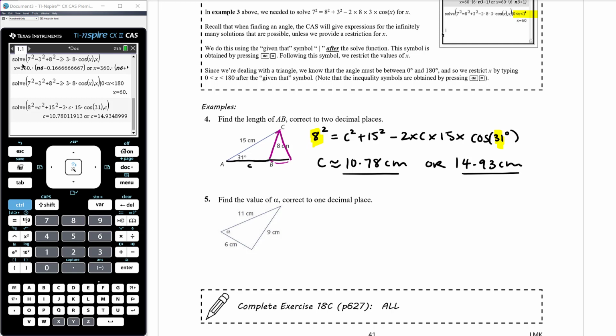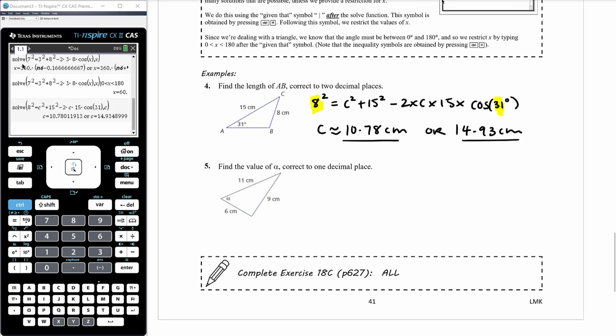Okay, so there could be the larger purple triangle, which has got an acute angle here and the longer length. So that would be where it's 14.93, or we could have this smaller triangle here where we have an obtuse angle and that's a shorter length, and so that is 10.78. Okay, so there are 2 possible lengths for c. We've been given an ambiguous combination of information.